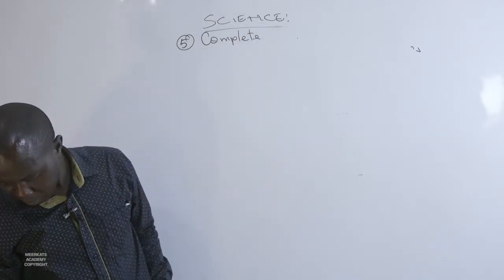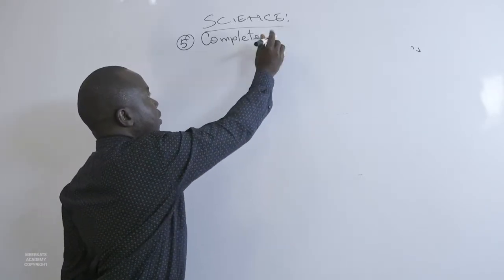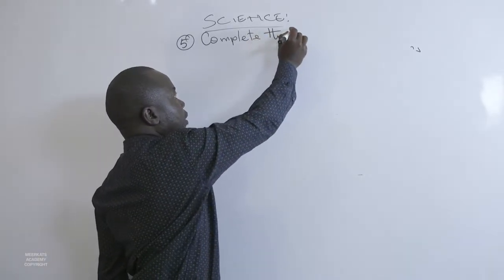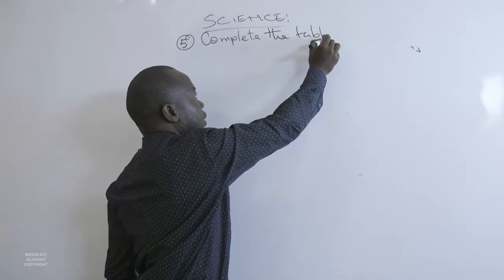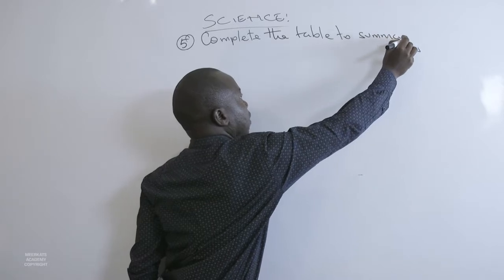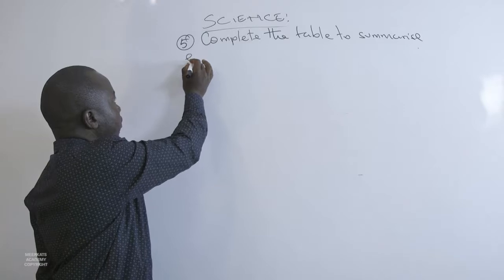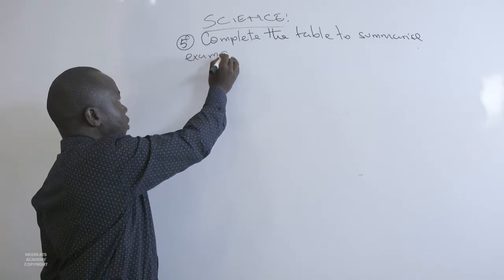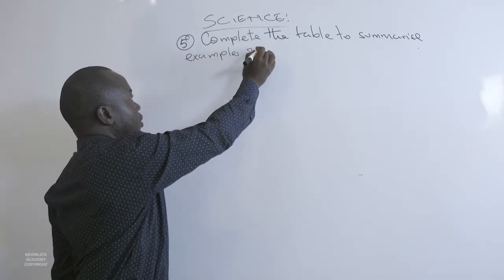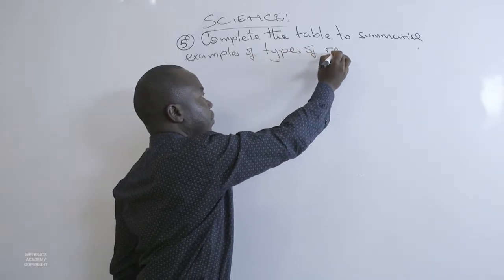Complete the table to summarize examples of types of relationships.